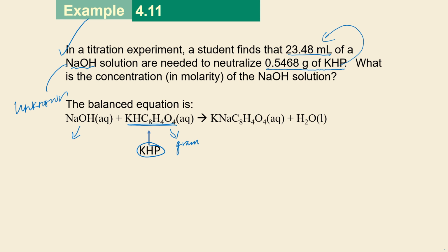We know the volume of our NaOH. We also know that this 0.5468 grams of KHP is what was required to reach the end point. Let's ask ourselves a few questions now about how we can use this to get at the molarity of the NaOH solution, because this is our question.